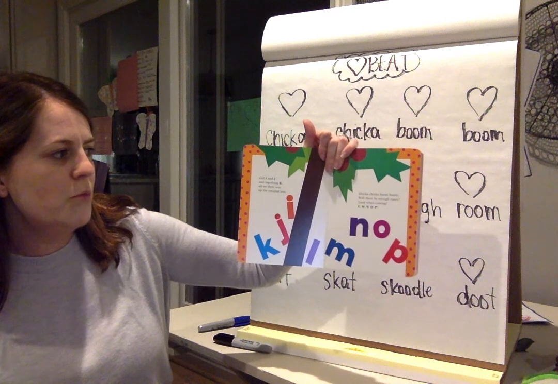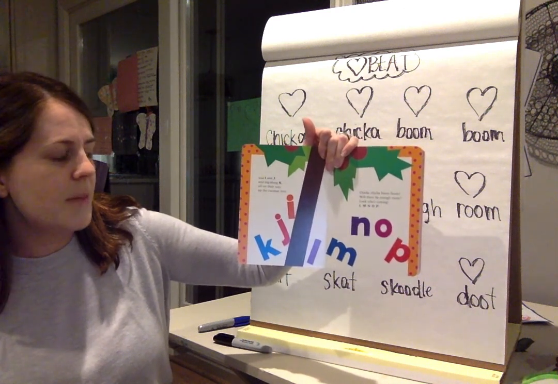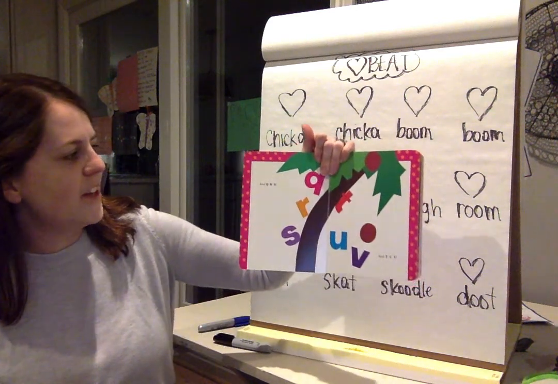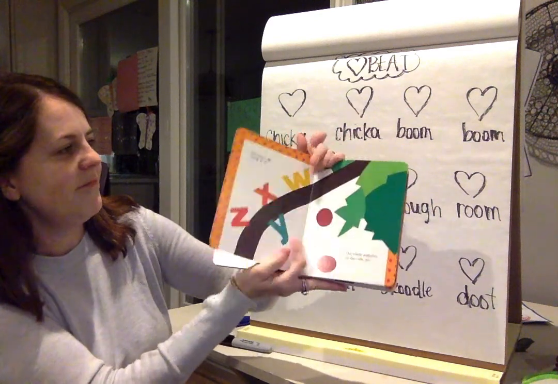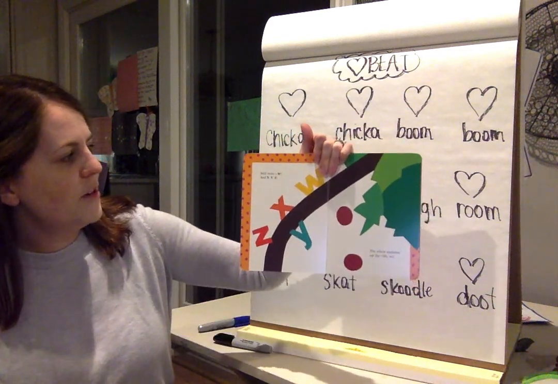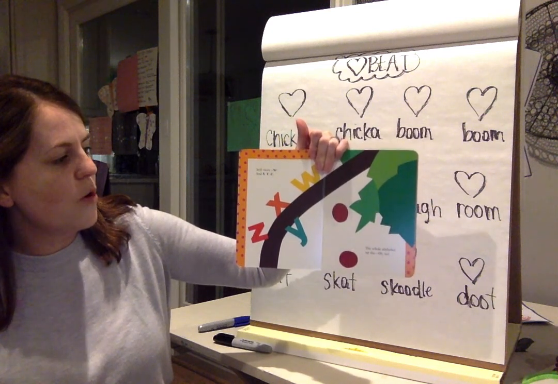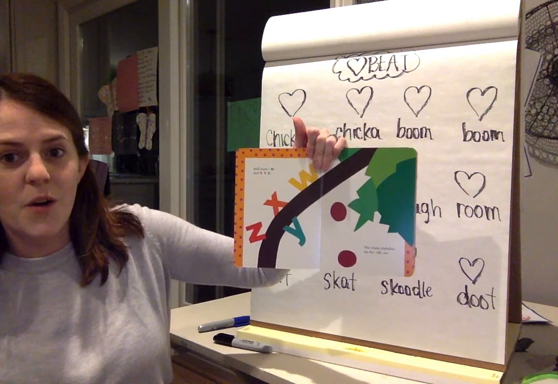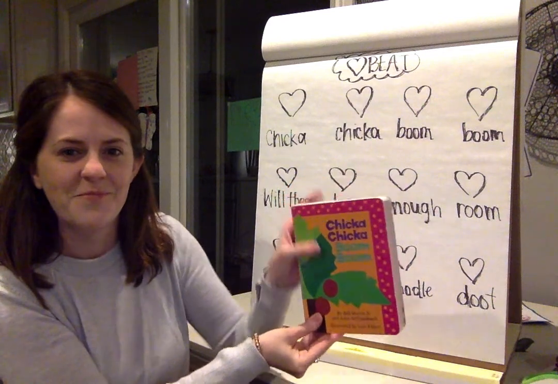Chicka chicka boom boom, will there be enough room? Look who's coming, L-M-N-O-P. N, Q, R, S, and T, U, V. Still more, W, and X, Y, Z. The whole alphabet of the oh no. And we're going to pause there.